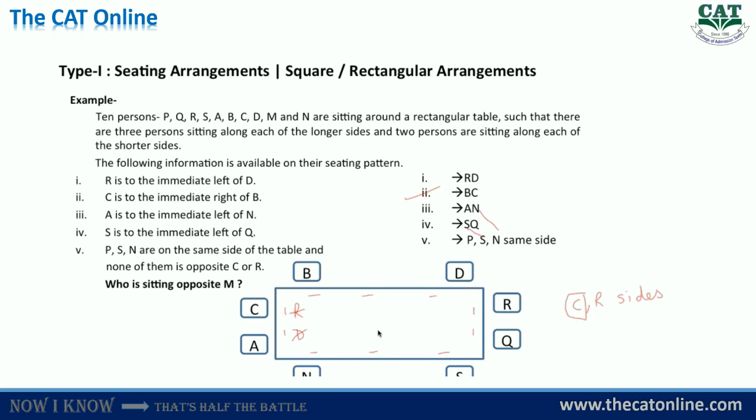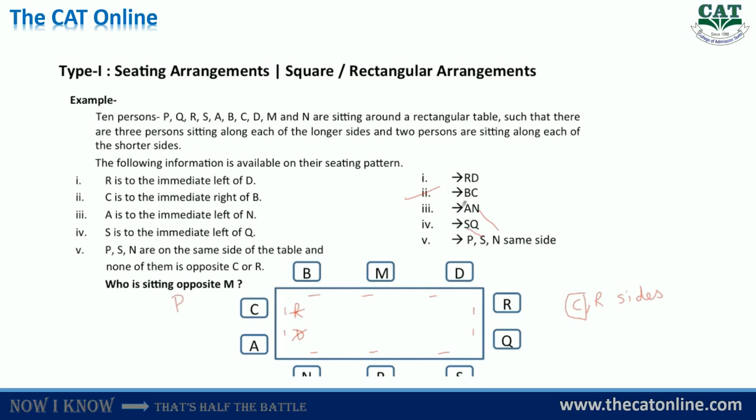So we have 2 empty places, and we know that on this side we were supposed to put in P, S, N. So the only place that is left is of P, and now there is one place left, and there is one person, so that person would be M. So the answer to this question, who is sitting opposite M, would be P. There is only one possible case. There is no other possible case.